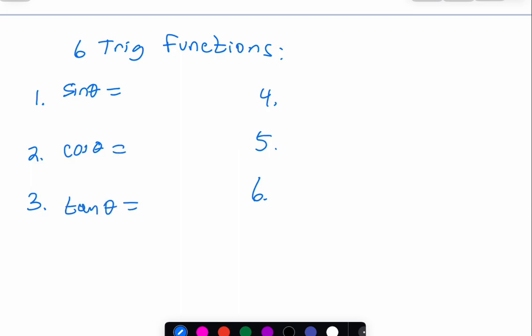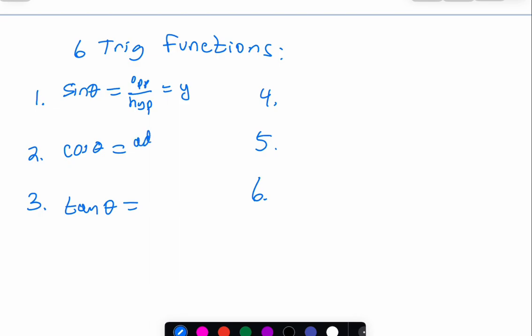I need 2 things. First, for sine, I need the fact that it is opposite over hypotenuse. But I also want you to tell me that that's our y. So opposite over hypotenuse, and it's our y value.